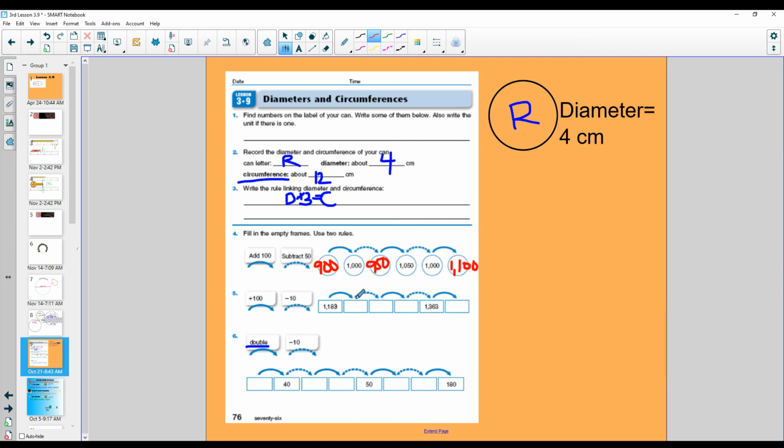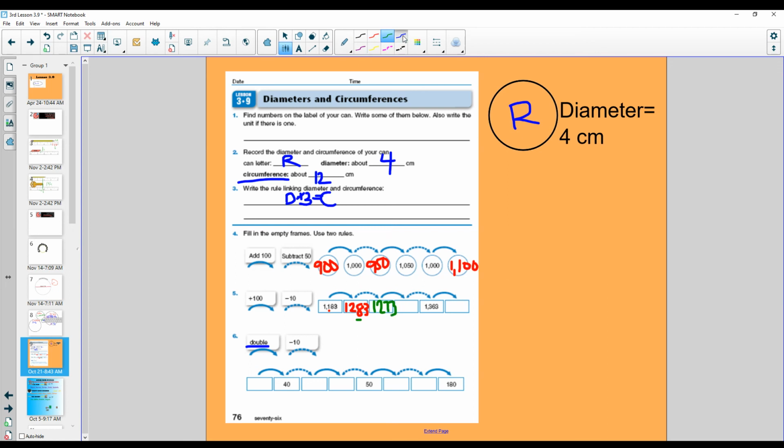Here, we're going to add 100. It's the hundreds place that's going to change, so everything else is going to stay the same. This one's going to go up to a 2, stay at an 83. All right. Now here, I'm going to take this number minus 10. So now it's the tens number, and I'm minusing, so that tens number is going to go down from an 8 to a 7, because it's in the tens place. So I'm going to get 1,273.